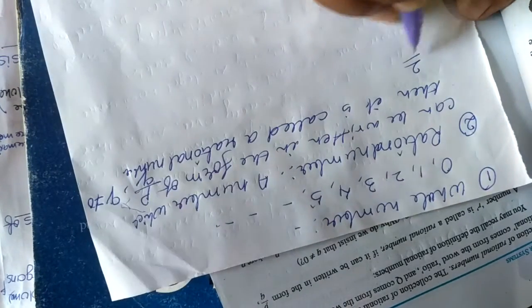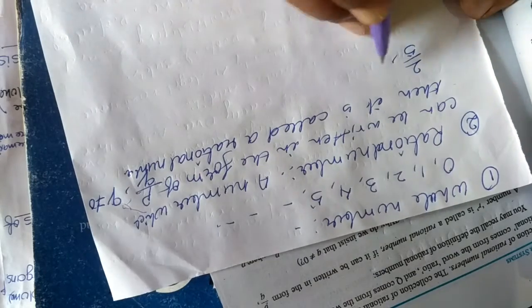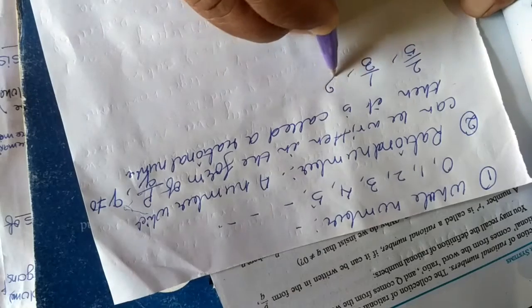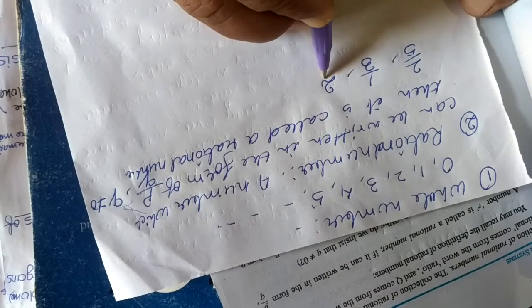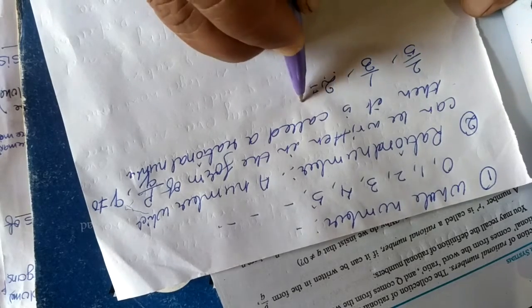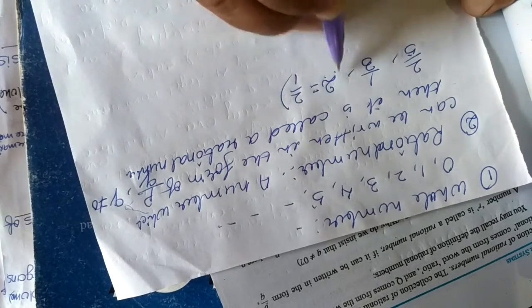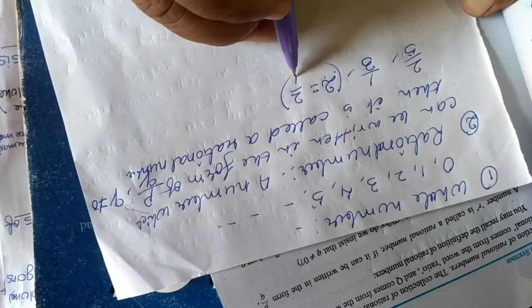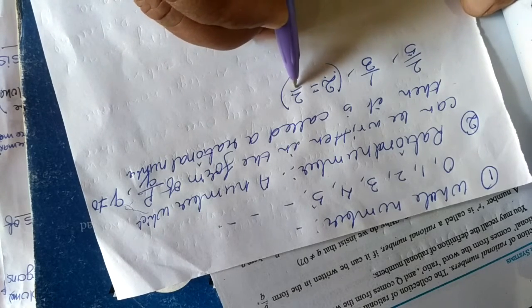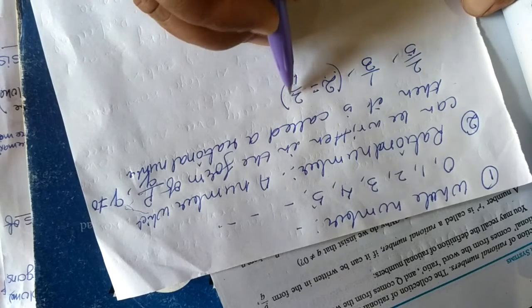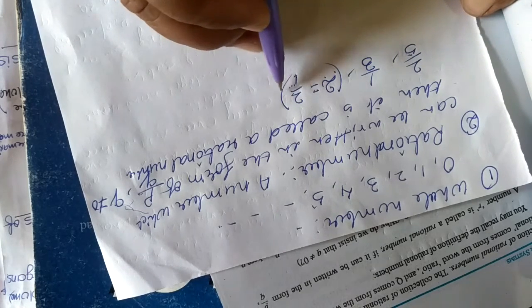Suppose 2 by 5 is written, it is called a rational number. 1 by 3 is written, it is called a rational number. Even if it is written simply as 2, it is a rational number, because 2 may be written as 2 by 1, in the form p by q, provided in the denominator there is no 0, because if 0 appears there, then its value will be infinite, meaning not defined.